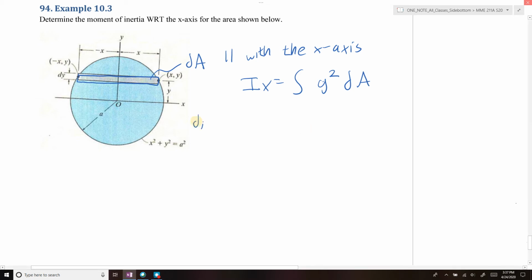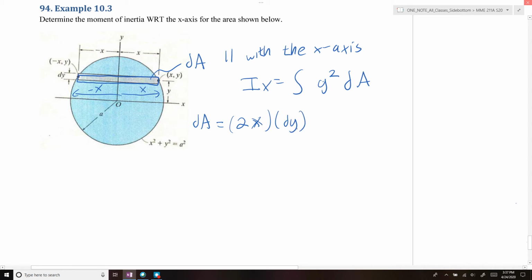We know that dA is going to equal 2x, so 2 times the x coordinate. We have positive x and negative x, so the total length would be 2x, multiplied by dy.